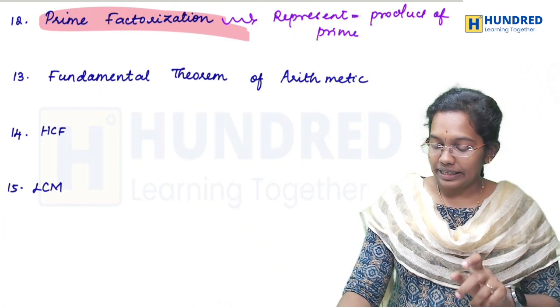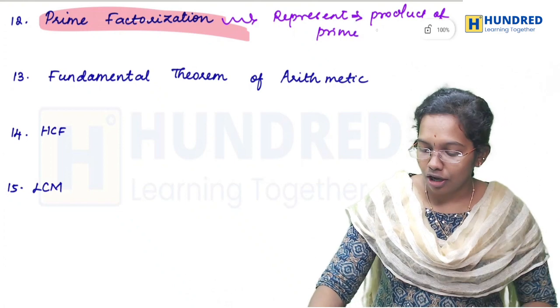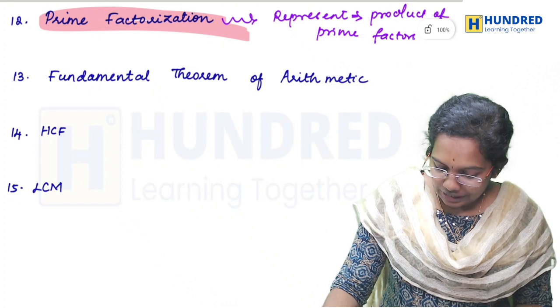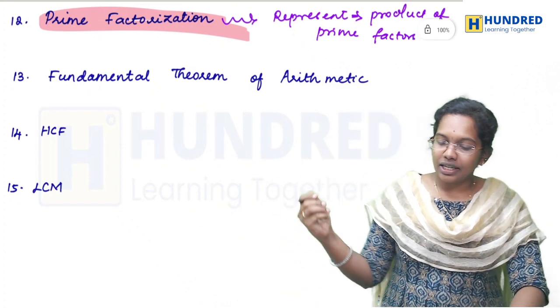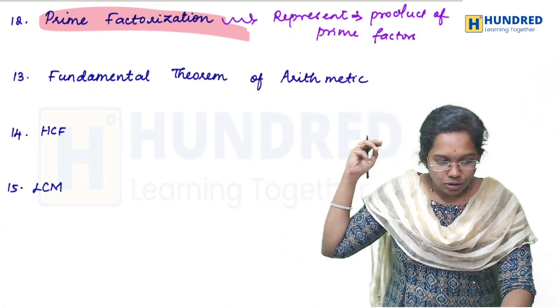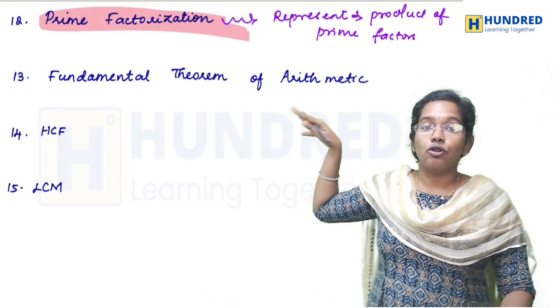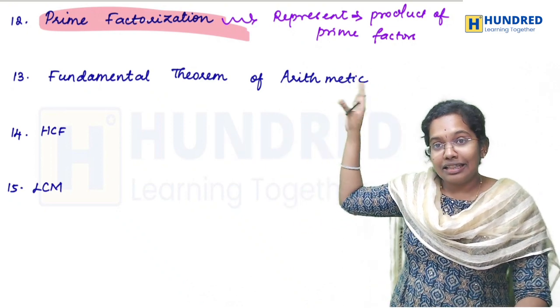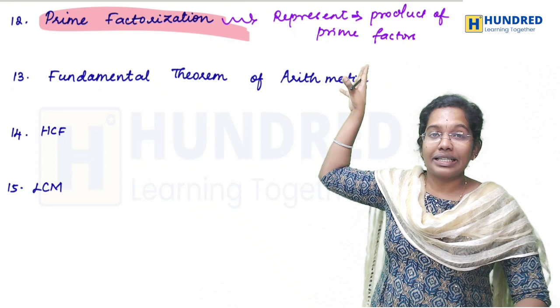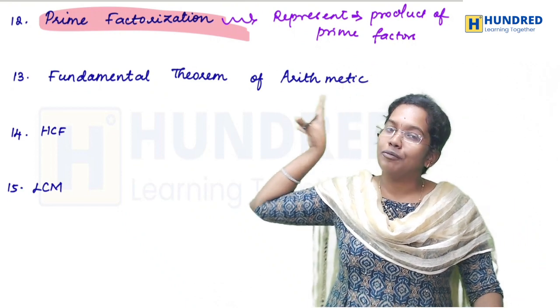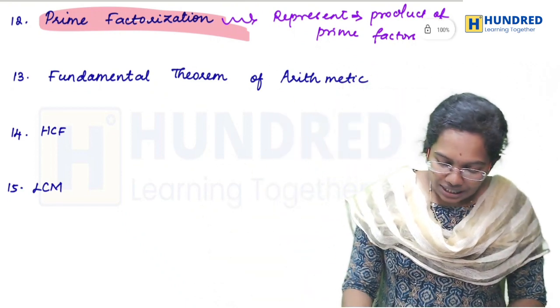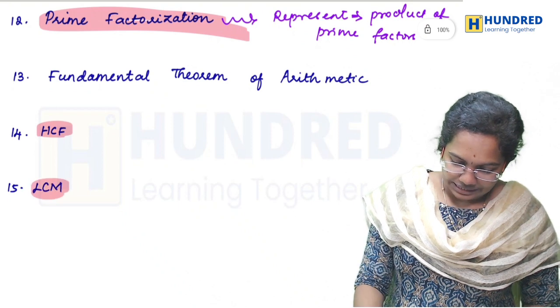We'll be representing the numbers as product of prime factors. So what is this fundamental theorem of arithmetic then? It is also the same thing. You will be just factorizing the given number and representing it in the form of product of prime factors. Okay. What is this HCF and what is this LCM?